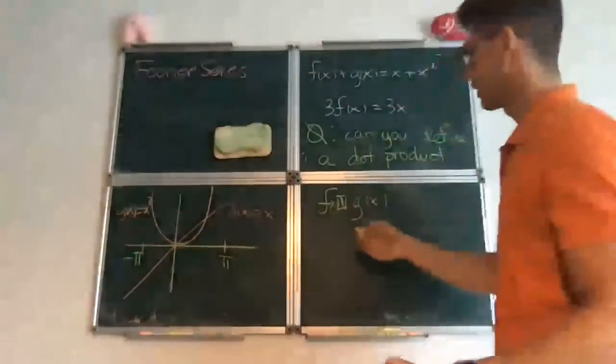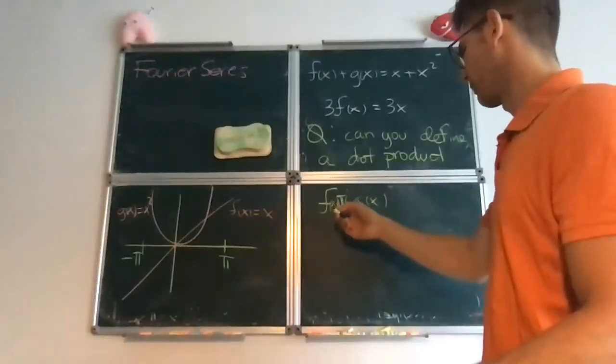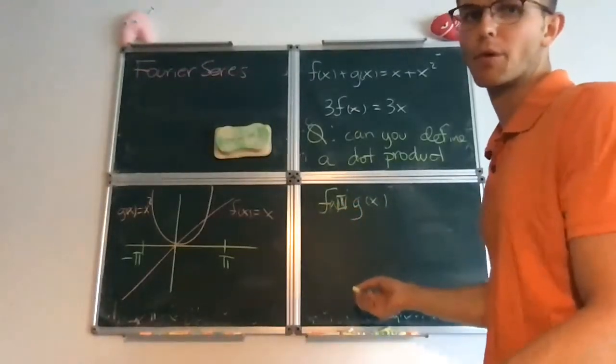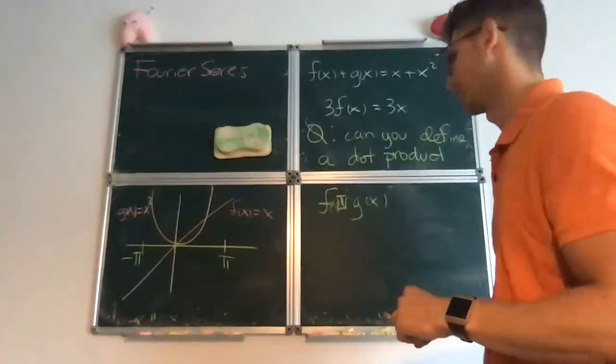So a dot product, instead of the usual bullet for a multiplication, I'm using a square, in order to distinguish them.